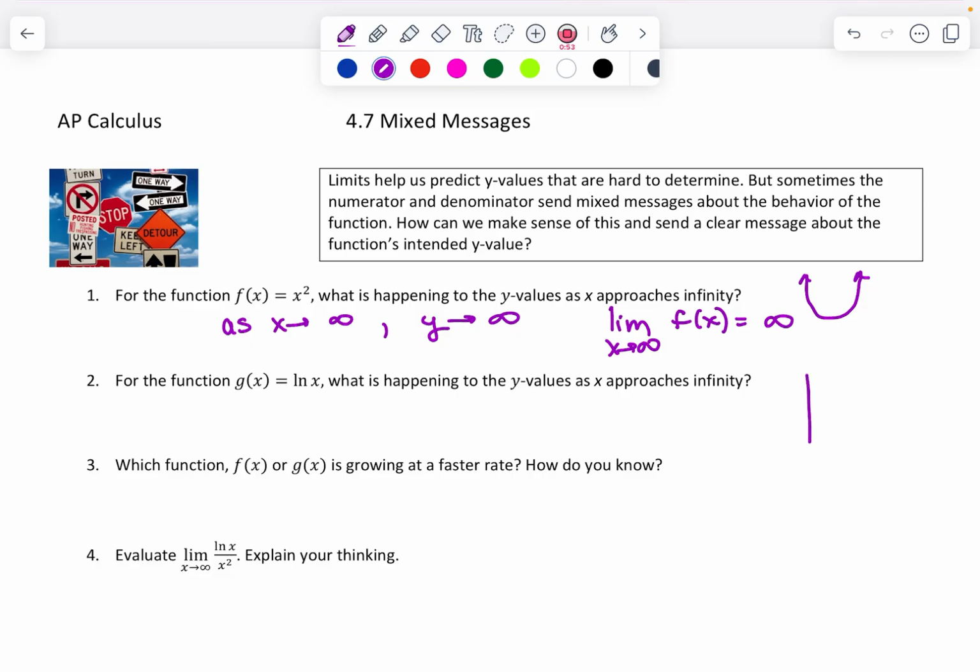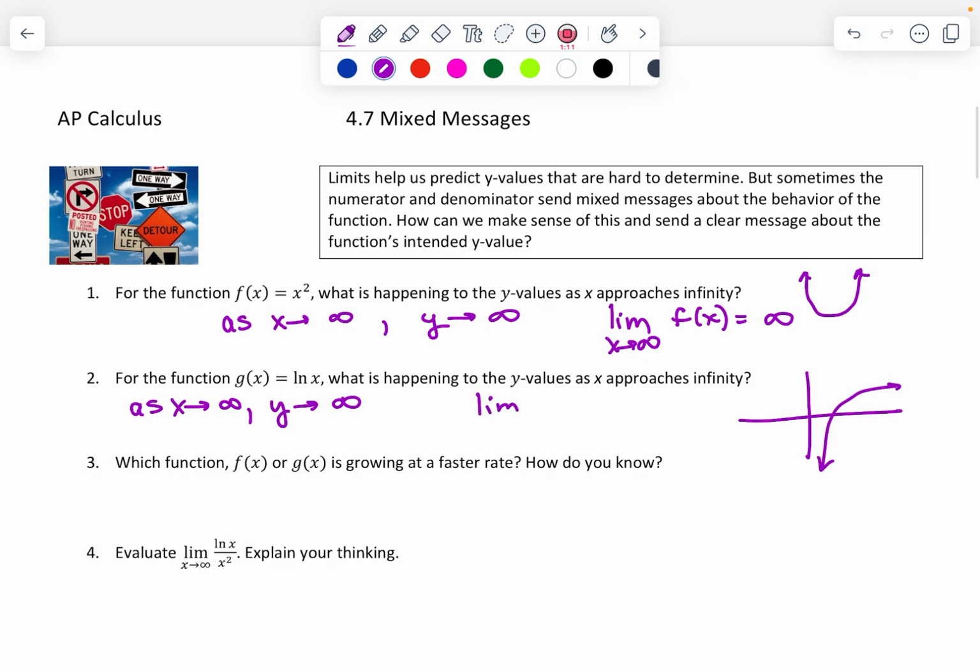For the function ln x, you are supposed to remember what that looks like. It says what is happening to the y values as x approaches infinity? Well, the y values slowly are still going to infinity. So we would write that the limit as x approaches infinity of g of x is infinity.